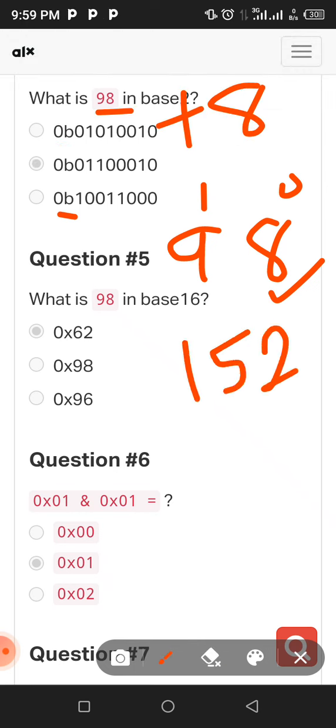What I'm going to do next is pick them individually. Oops, I think I'm making a mistake here.